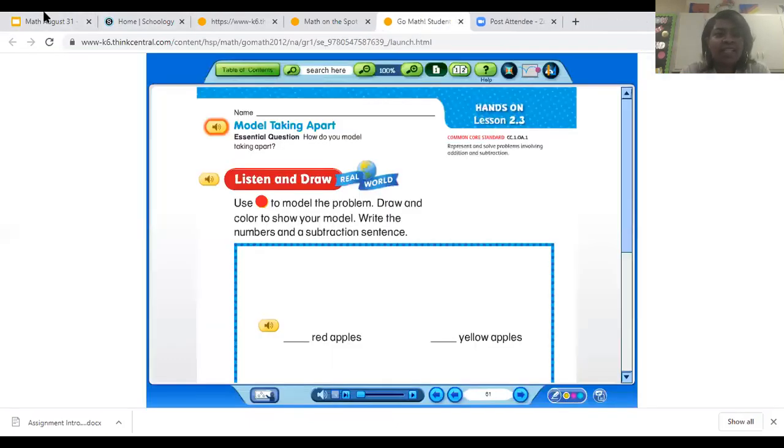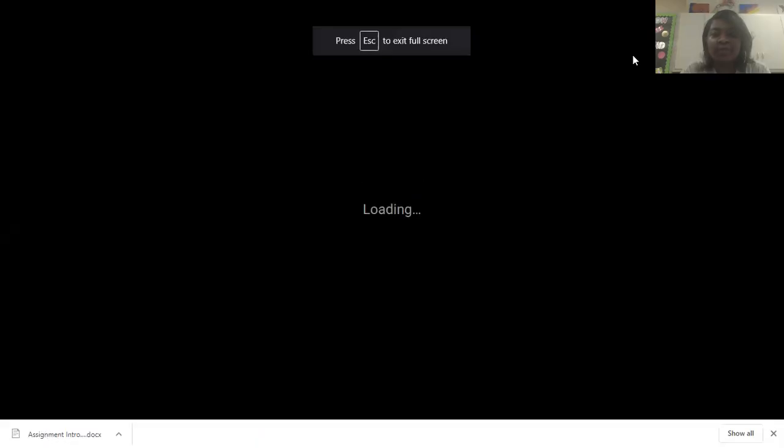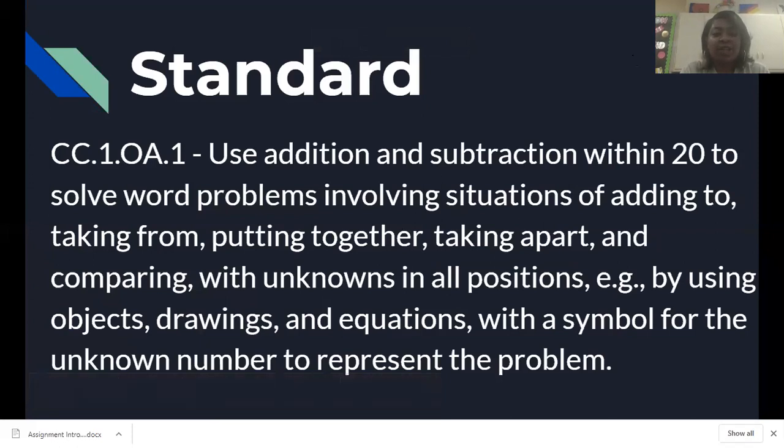All right, let's see what we're going to need for today's lesson. Our standard is 108.1, use addition and subtraction within 20 to solve word problems involving situations of adding to, taking from, putting together, taking apart, and comparing with unknowns in all positions, for example, by using objects, drawings, and equations with a symbol for the unknown number to represent the problem.